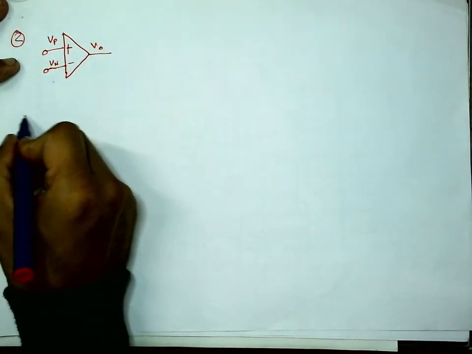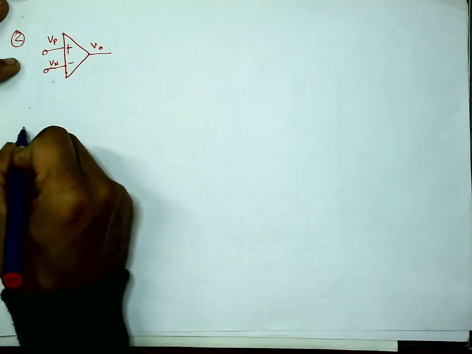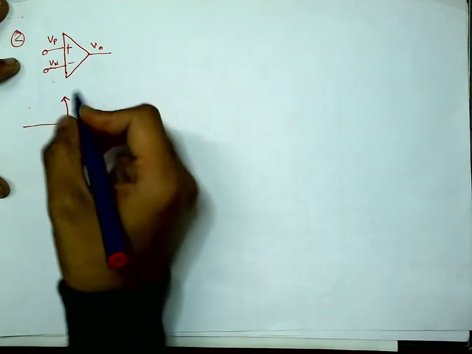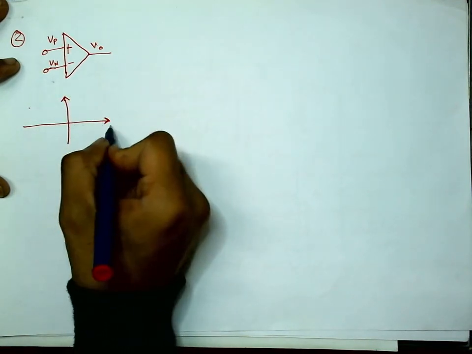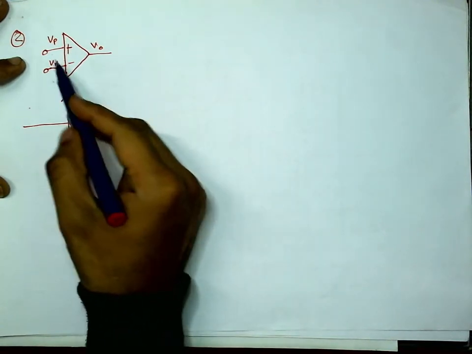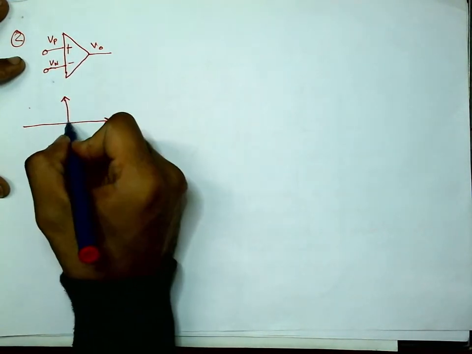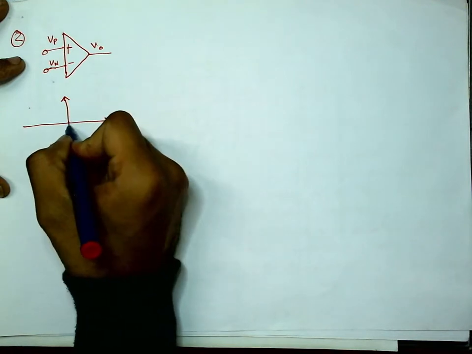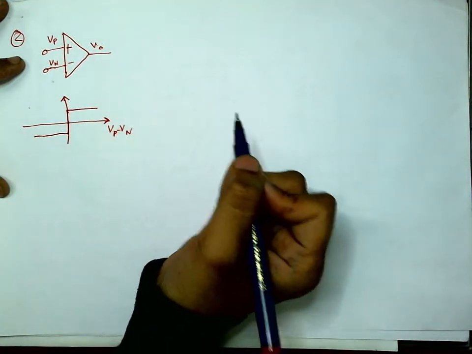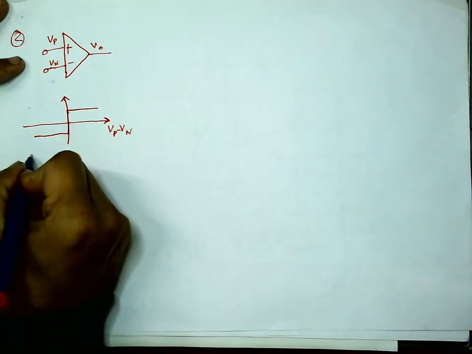Then we know the static characteristic of an op-amp should look like this, if this axis is Vp minus Vn, the difference between the 2 inputs. We know when Vp minus Vn is positive, output is positive, and otherwise it's negative. This is the ideal static characteristic.